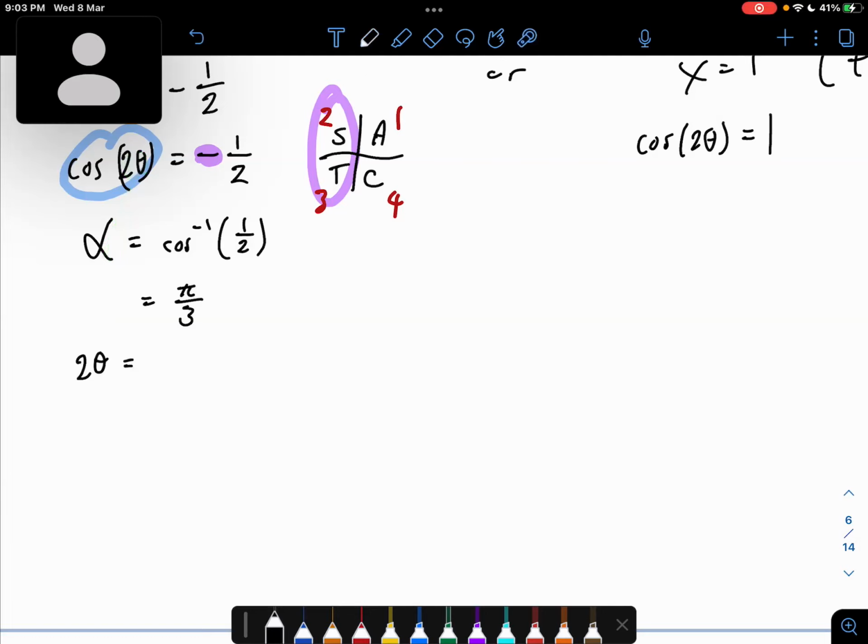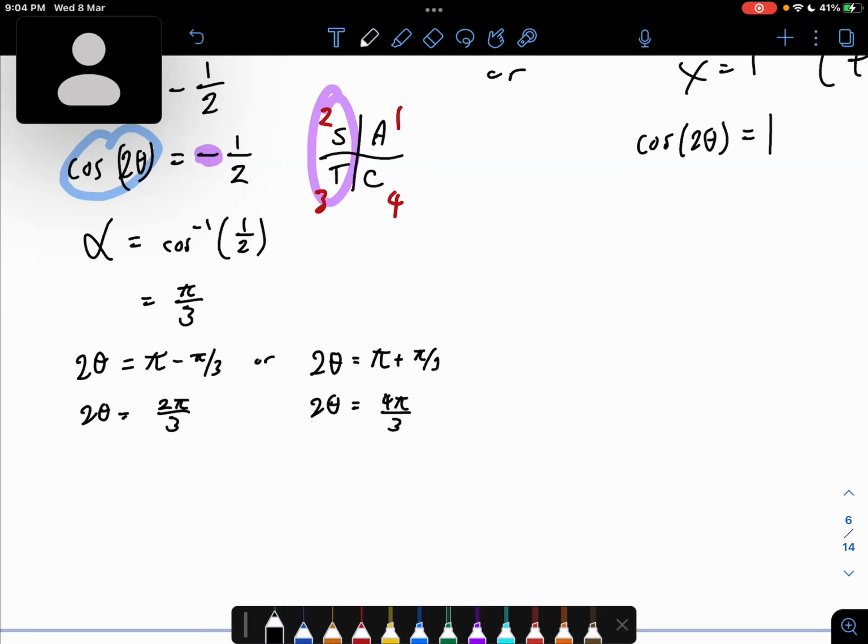Equals to? Pi minus pi over 3. Okay, good. Or pi plus pi over 3. Simplify, we get 1 minus 1/3, 2/3 pi. Next one is 1 plus 1/3, 4/3 pi. That's 2 theta, okay?